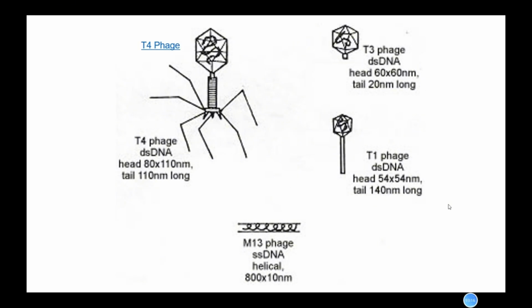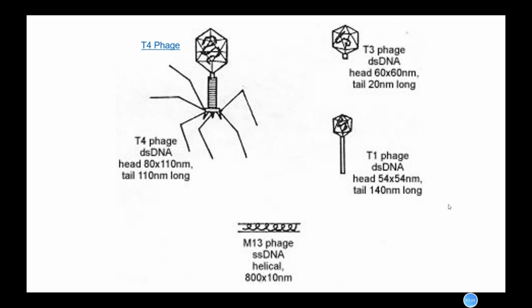And actually, bacteriophages can have different structures. This is the most popular one, T4 phage, T2 phage. But it can be in different structures like this T3 phage with a very short tail, while T1 phage has only one long tail and no plate.